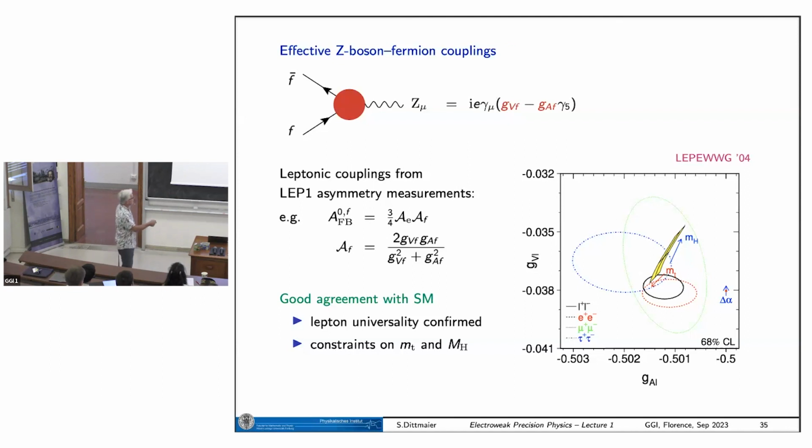So this was basically the one major result of electroweak precision physics at the time. And the success was not only to show agreement between the standard model for certain m_t, m_H values, but also the fact that you could reach this agreement basically only by including these higher order effects.